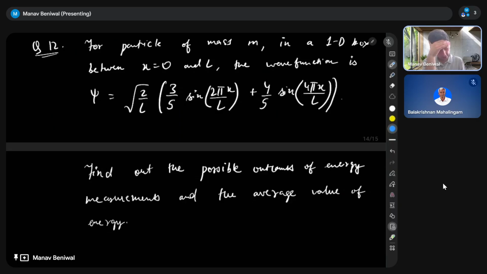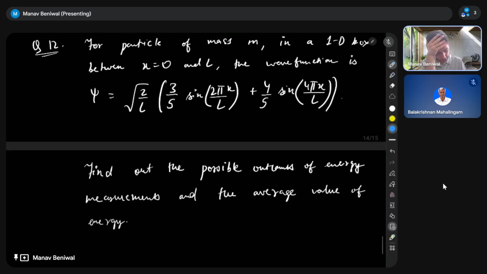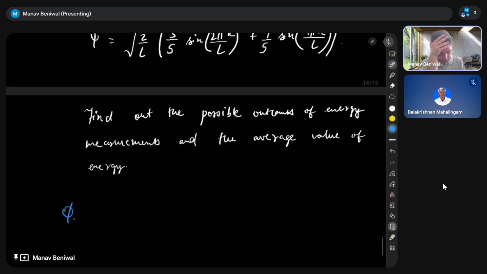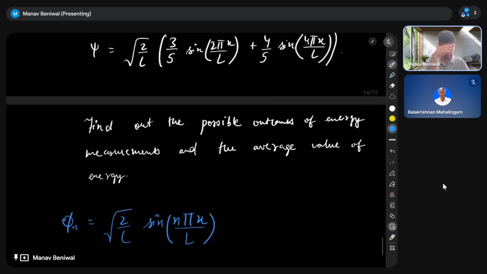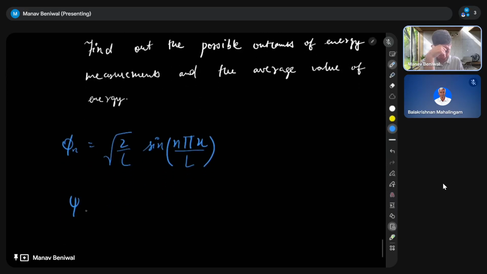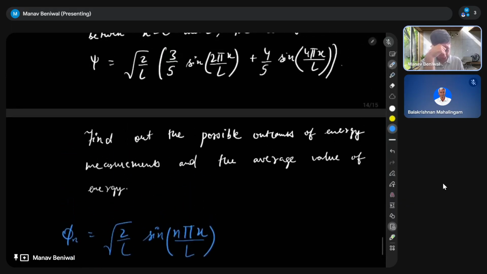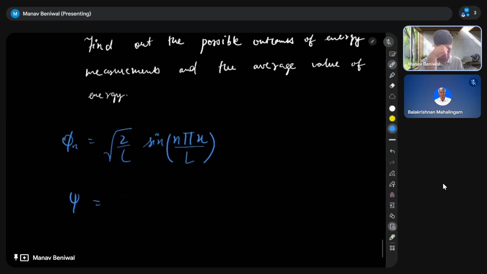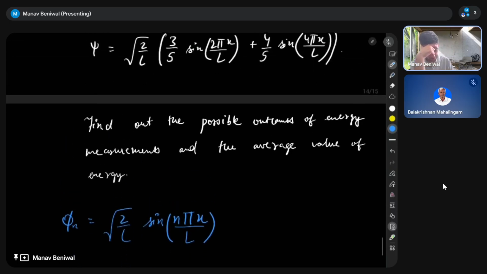Now if we look at the wave function, first of all, is it normalized? For a 1D box, we know that phi n is given as root 2 over L sine n pi x by L, right? So this is phi n. So if I want to rewrite my psi, I can rewrite my psi as 3 by 5, and here n is 2, so phi 2, plus 4 by 5 phi 4.